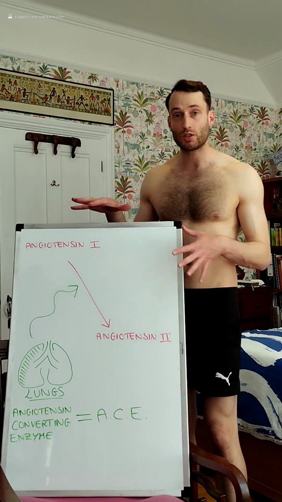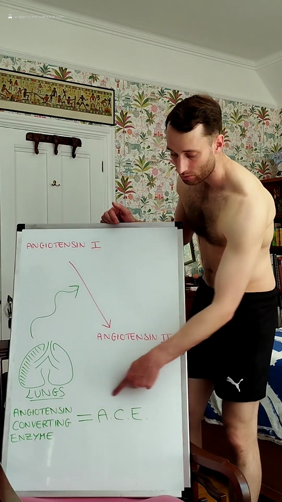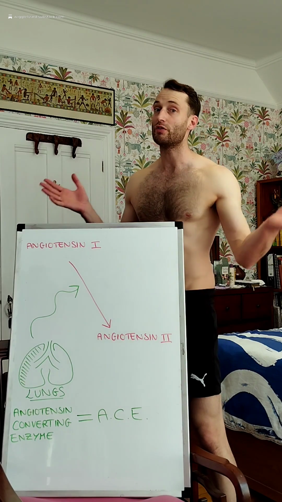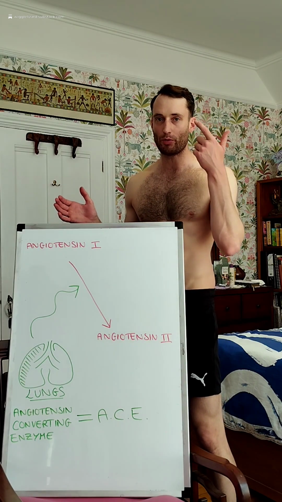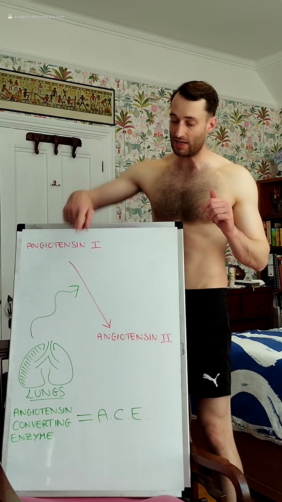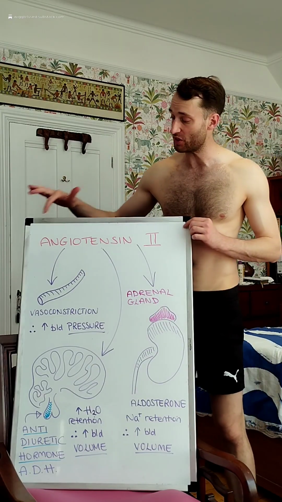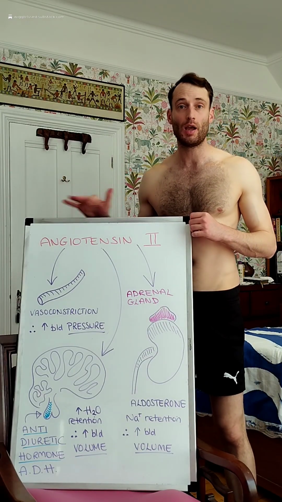Angiotensin converting enzyme stands for A.C.E. So if you've heard of A.C.E. inhibitors, that's what they act on. They inhibit this enzyme. So we've come to the end of the journey, which is angiotensin 2.